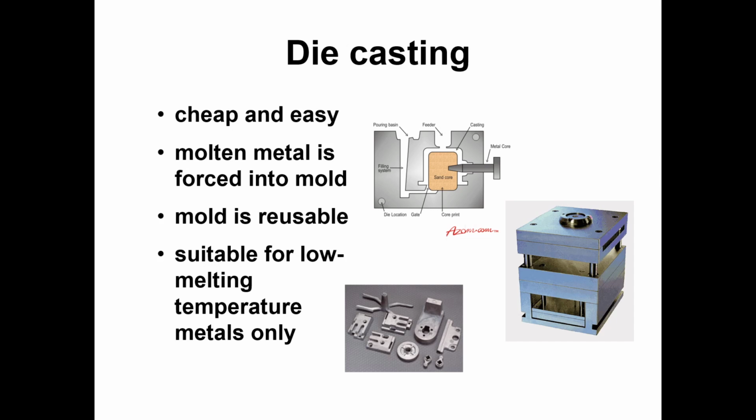So that's called die casting. It doesn't work for iron typically, because the temperatures are so hot that the mold would wear out too quickly. But it works for things like aluminum and for plastics, right? For polymers, things that have a low melting temperature are more conducive to die casting.